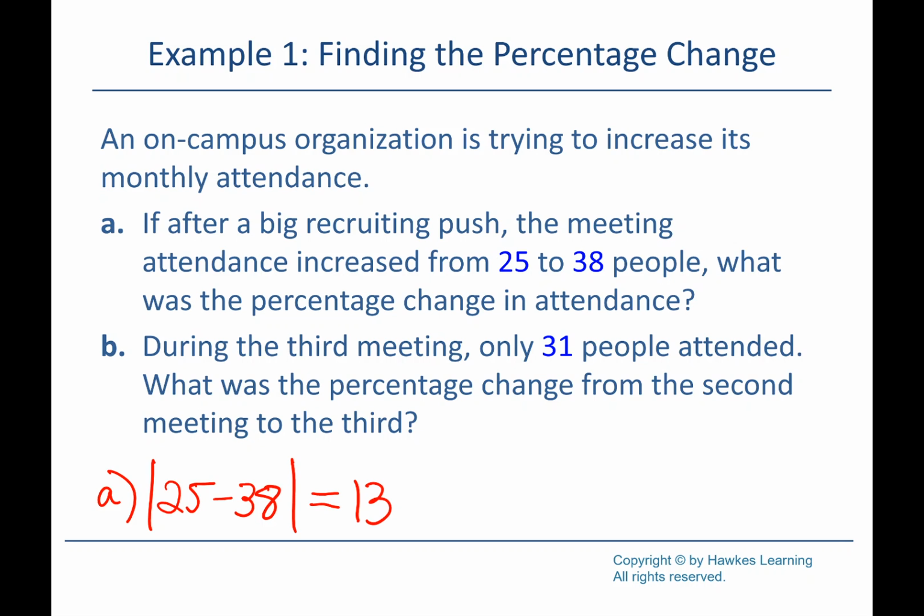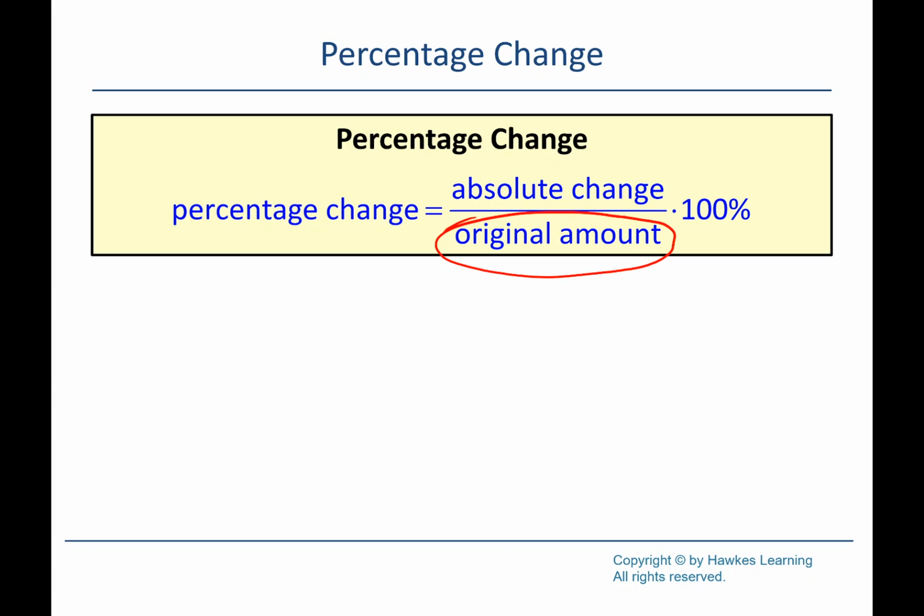So then to get percentage change, we take that 13, and what are we going to divide it by? 25 or 38? We've got to divide it by the original amount, right?